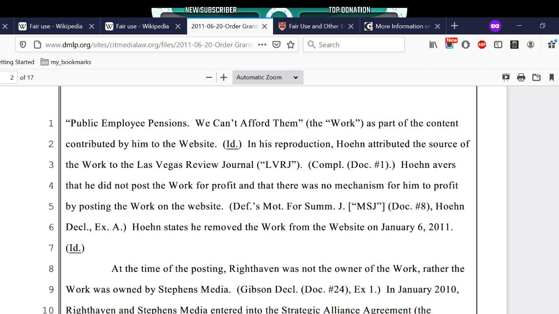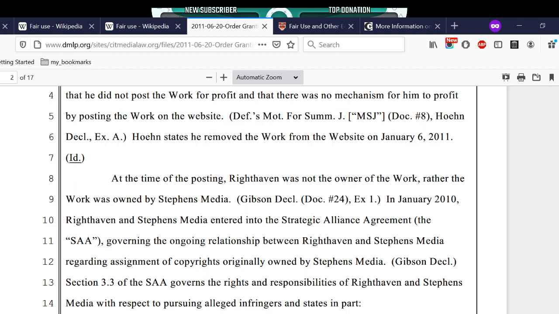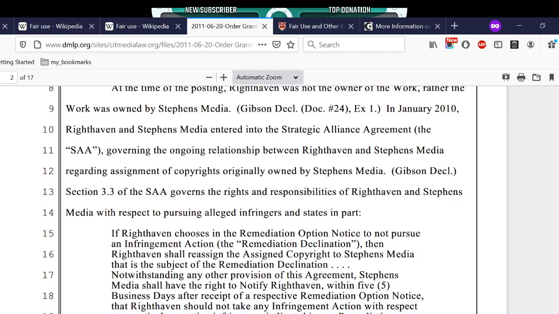Okay, this is explaining that Hohn posted the thing, says that he didn't post it for profit, and there was no mechanism for him to profit, so it should be fine. He deleted his comment. He wasn't the owner of the work.